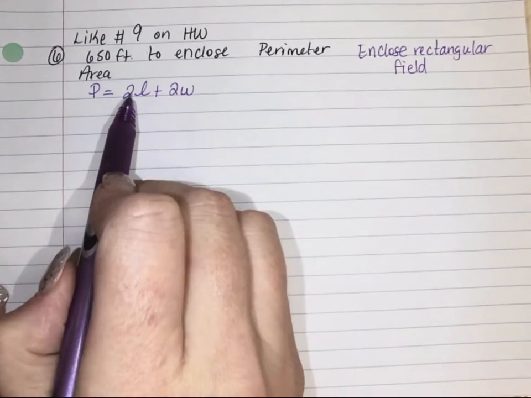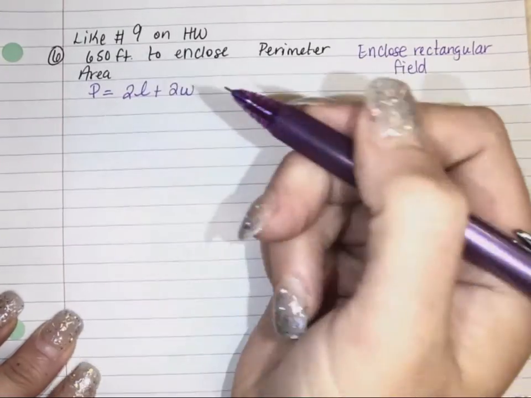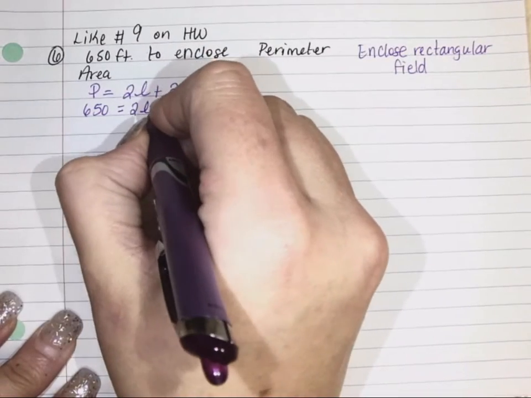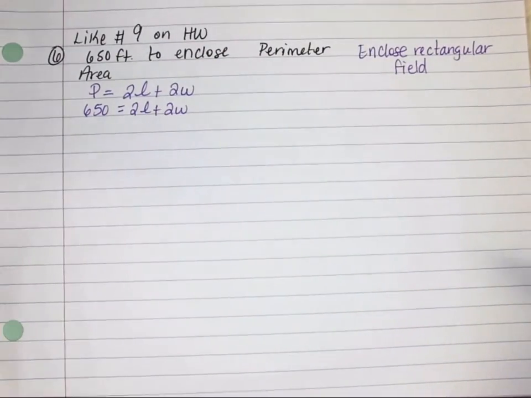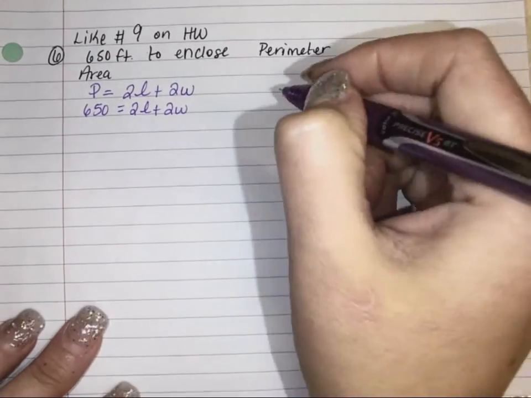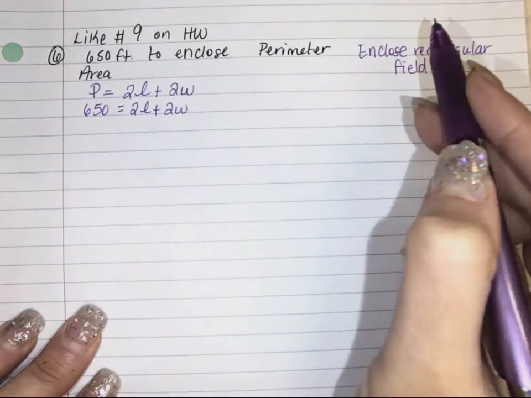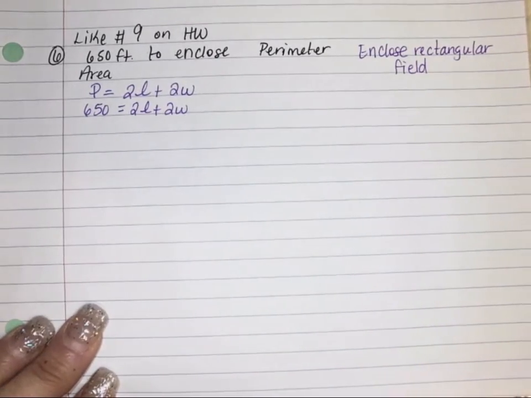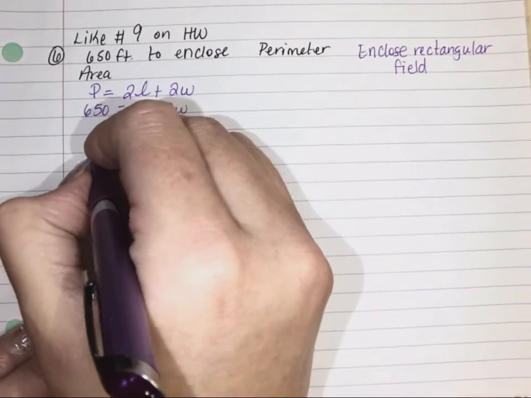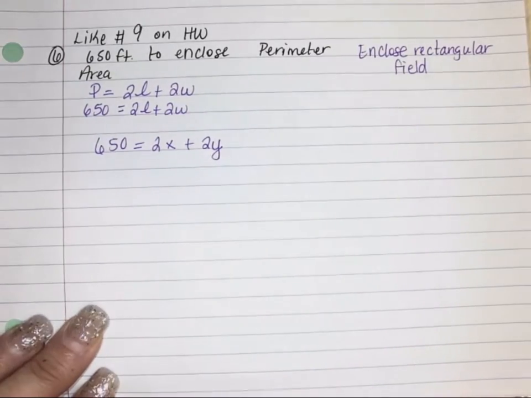Well, I know that perimeter is 2 times length plus 2 times width for a rectangle, and they do tell me that I've got 650 feet to use to enclose this rectangular field. Now, I'm going to let L and W actually become X and Y, since they tell me in the directions to express the area as a function of only one dimension, X. So let's say that we interchange that, and I'm going to say this is 2X plus 2Y.